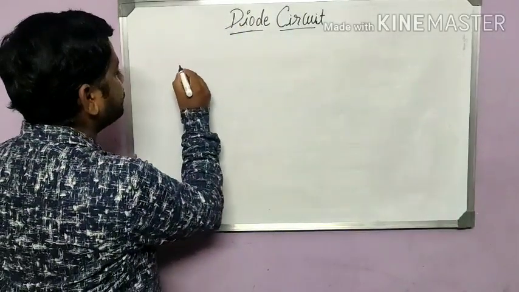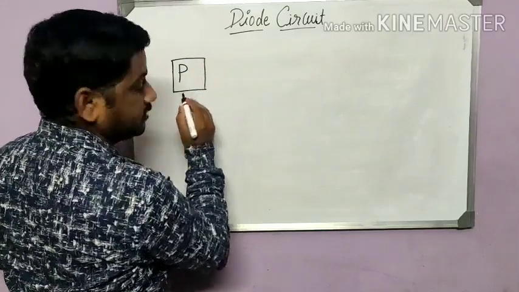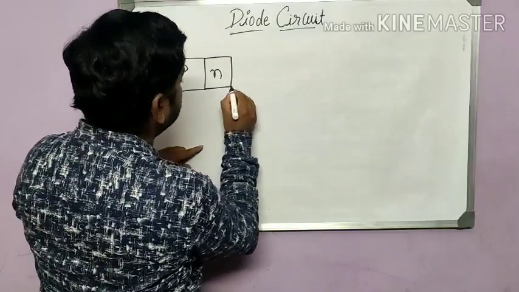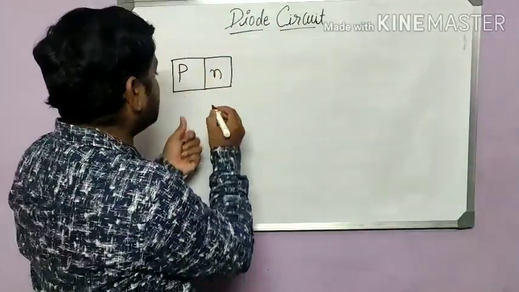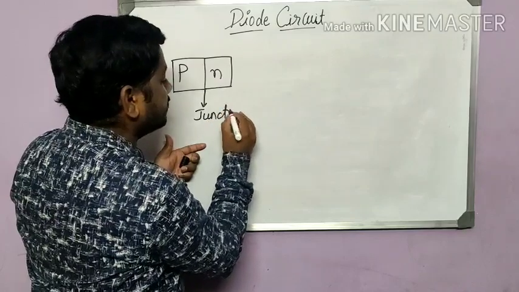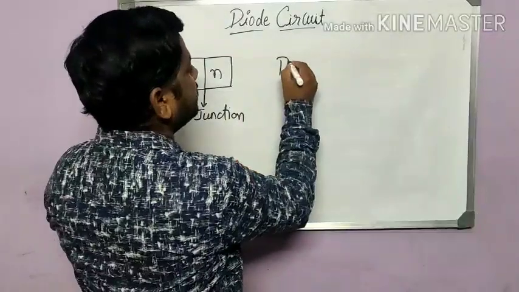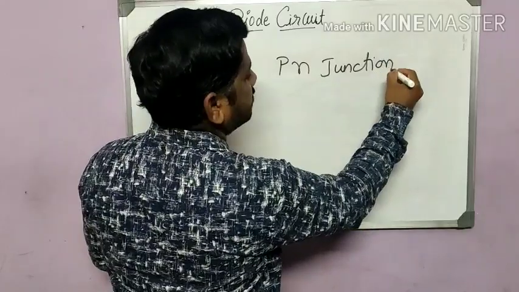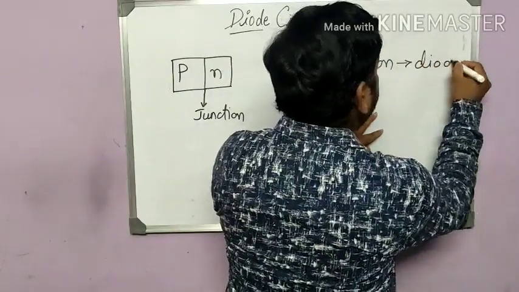So we take a P type element, and that will be joined with an N type material, and when we combine the P and N elements together, a junction is formed in between P and N, right? That's the reason why we call it a PN junction, and this PN junction is known as a diode.